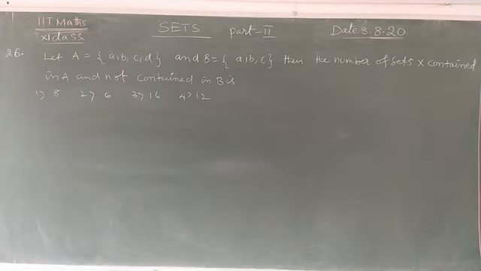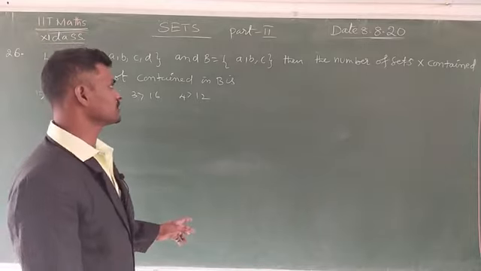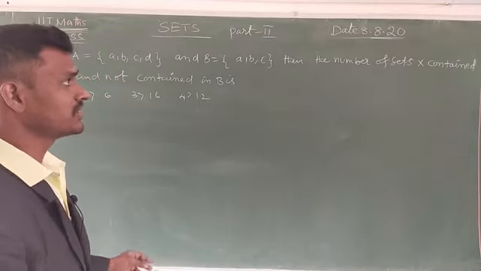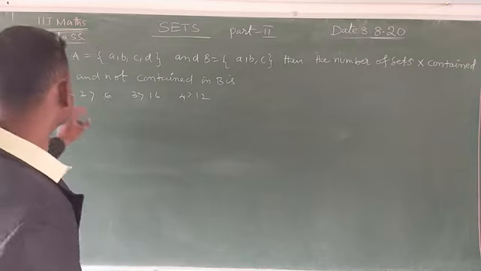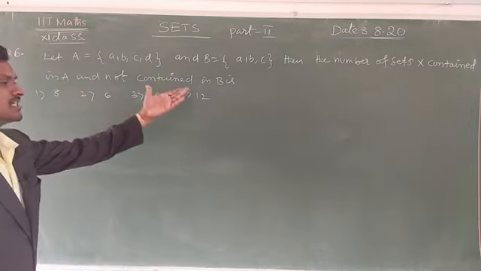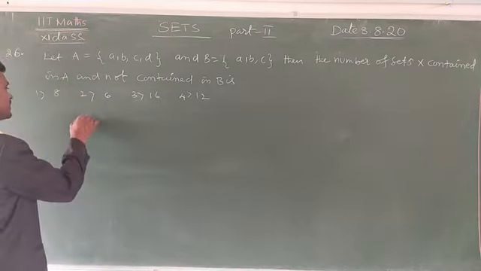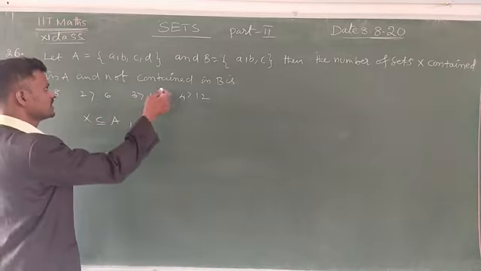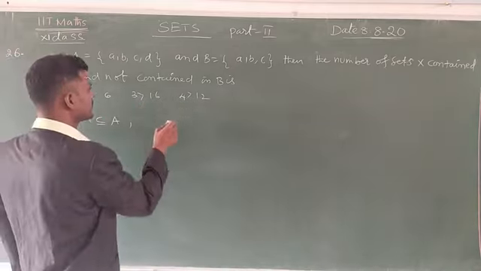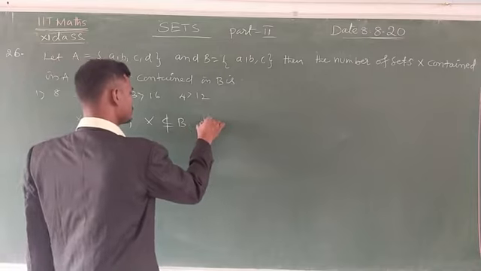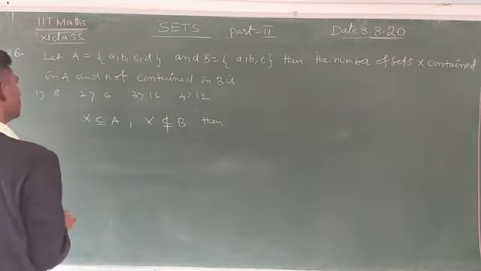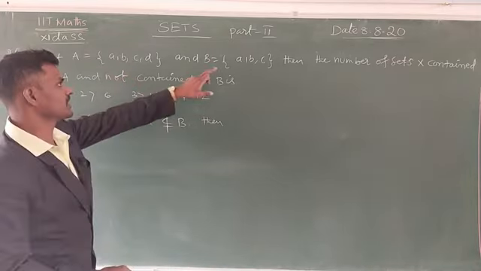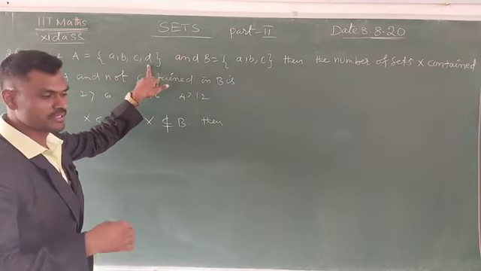Next problem, 26th one. Let A be the set {a, b, c, d} and B the set {a, b, c}. Then the number of sets X contained in A and not contained in B. X contained in A means X is a subset of A, and X not contained in B means X is not a subset of B. See here, a, b, c is there, here also a, b, c is there, here d, one more element is there.